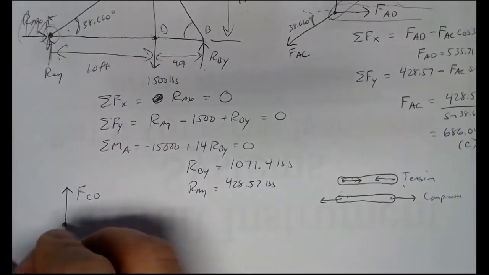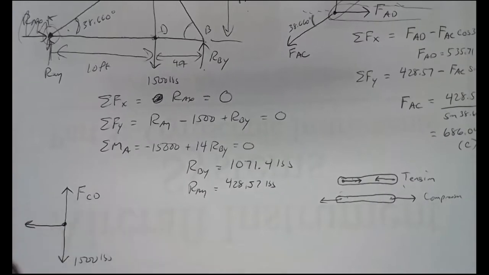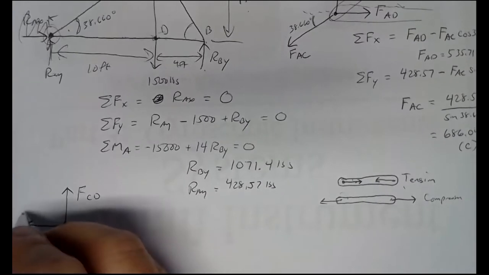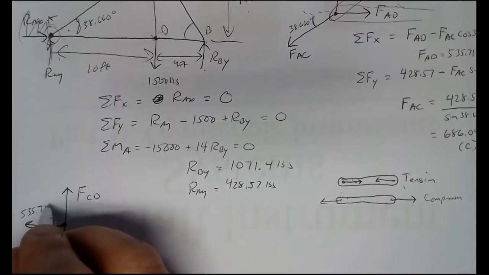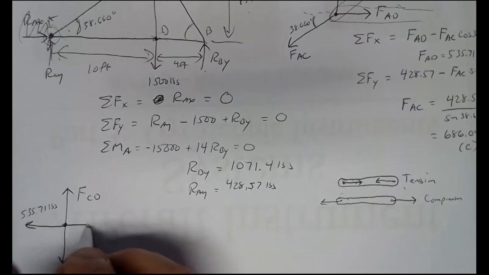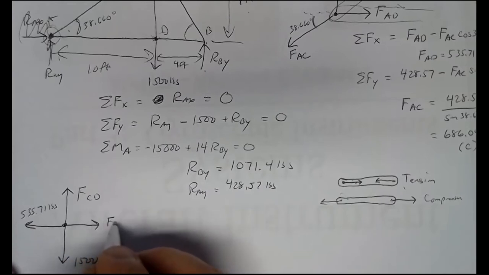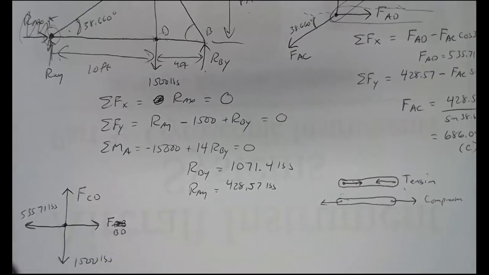So we know exactly what member AD is doing to joint D. It's pulling it to the left with 535.71 pounds of force. So it makes sense that member BD has got to be doing the same.